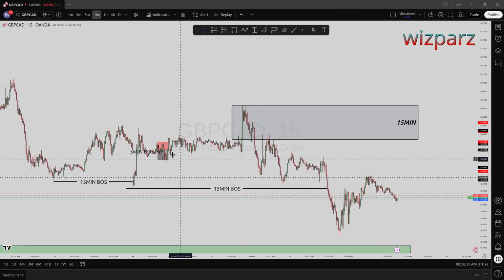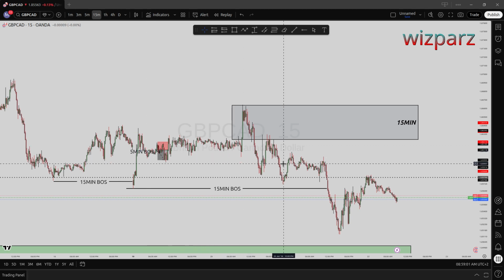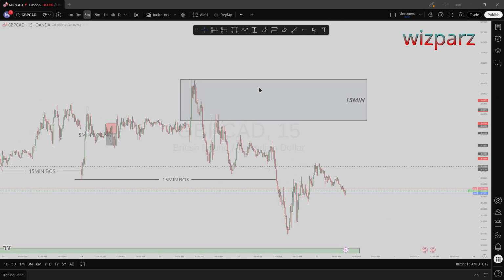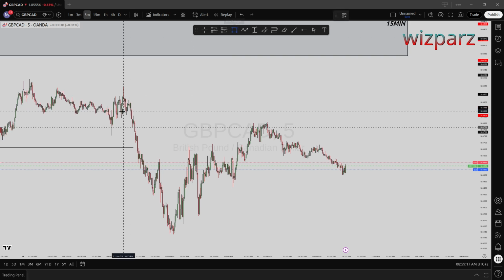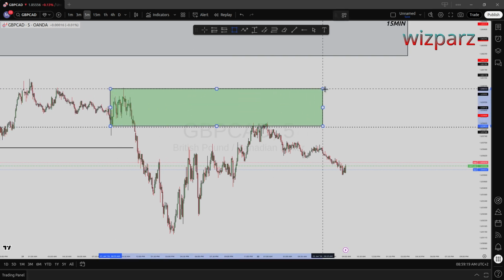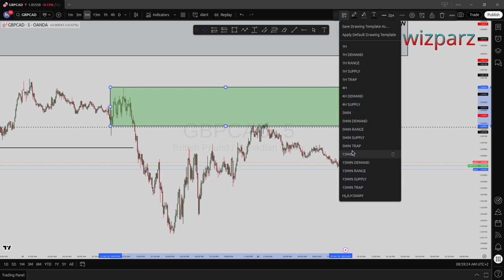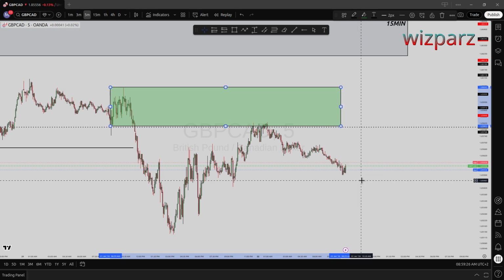Remember that higher time frame causes higher effect than lower time frame. So that's what I'm saying. And we skip to 5 minutes to look for supply area, and you can see we have supply area here, 15-minute supply area.